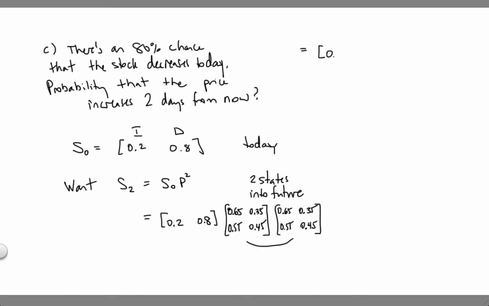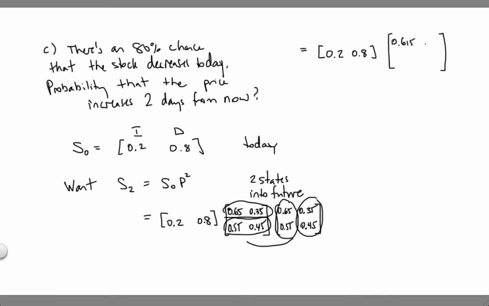It doesn't really matter which way you do it. I'm just going to leave S0, 0.2 and 0.8, alone, and for the sake of practice, let's practice multiplying P times P. You circle the rows of the first matrix and the columns of the second matrix. We're going to do our dot products and see what this comes out to.